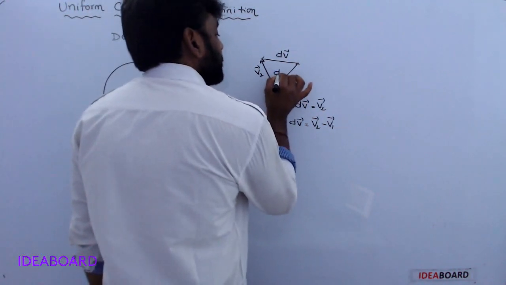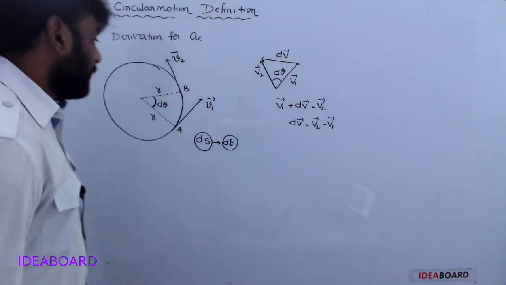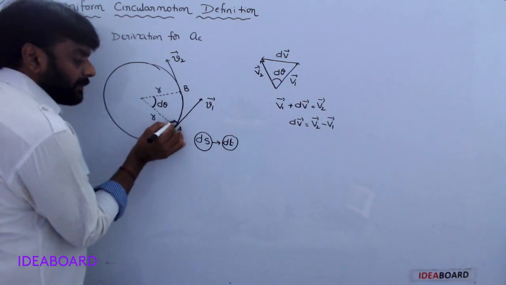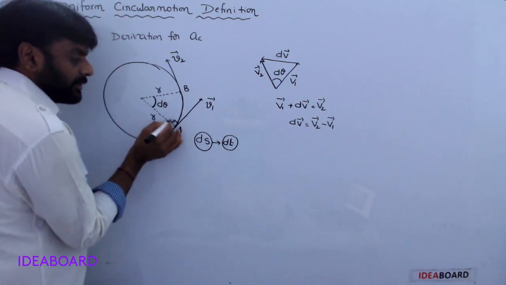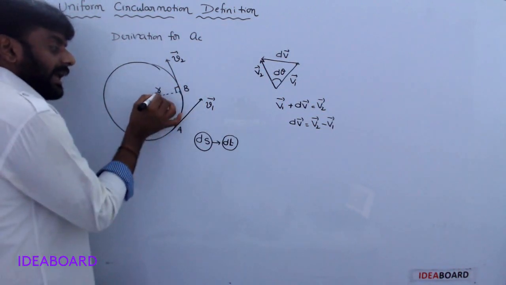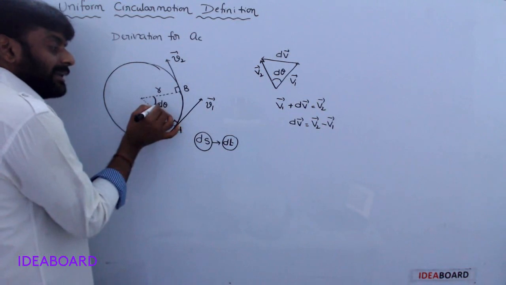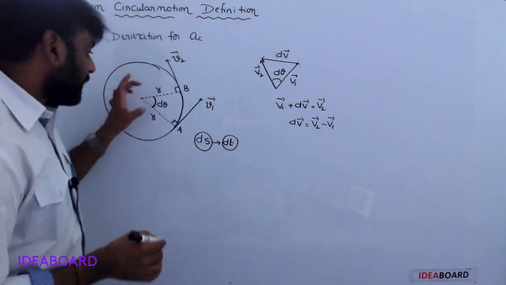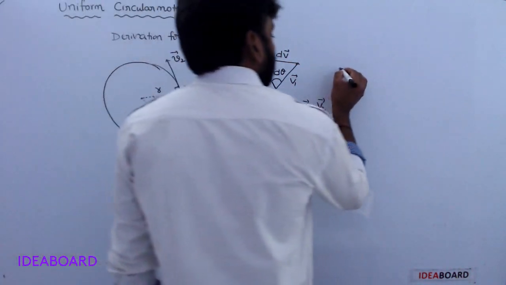This angle is also d theta. Now here the velocity vector is always perpendicular to the radius vector. The angle between these two is d theta, so this angle is also d theta. Now it is taken outside.